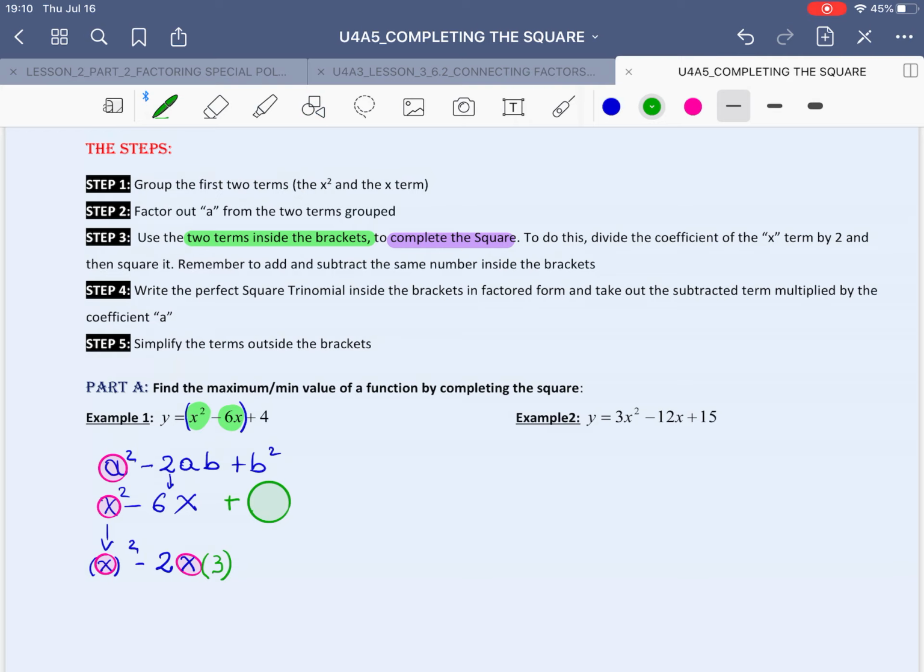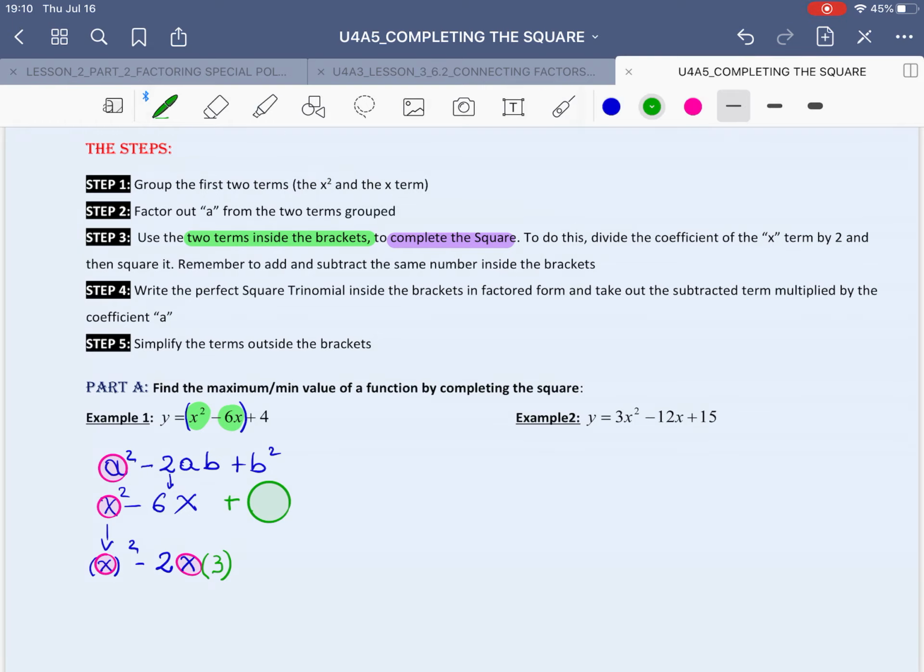I'm going to think, what number or what term do we have to add in here at the very last spot to make this a perfect square trinomial? So remember, perfect square is the first term squared minus twice the product of the first with the second plus the second term squared, right?